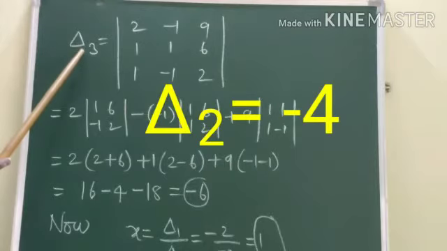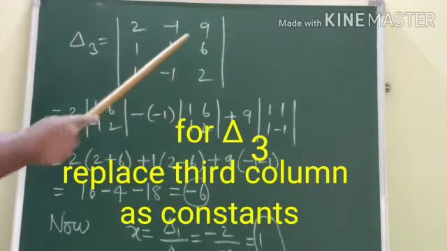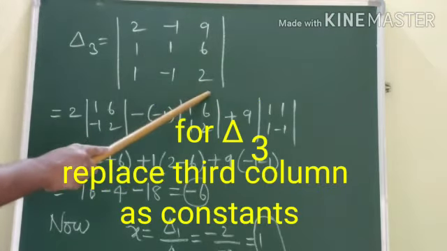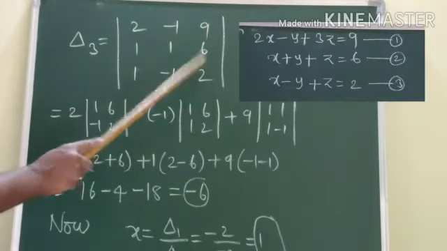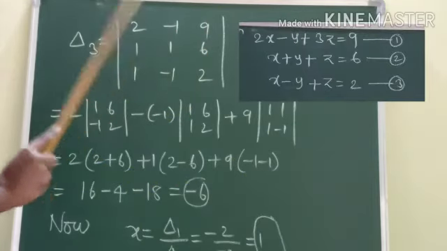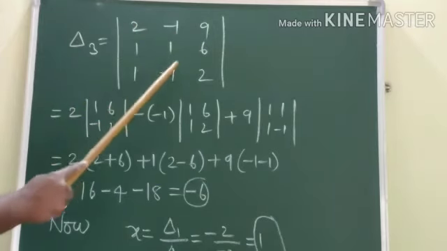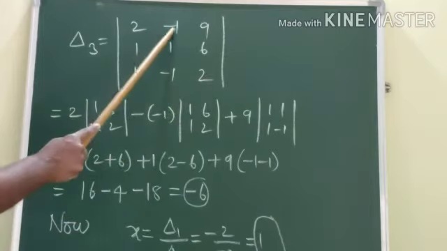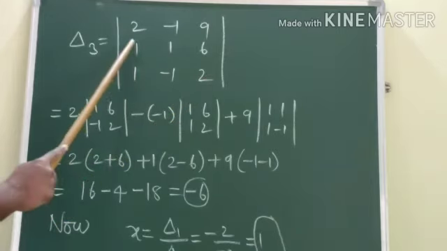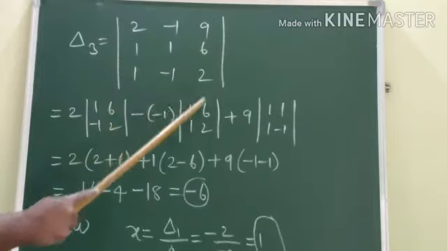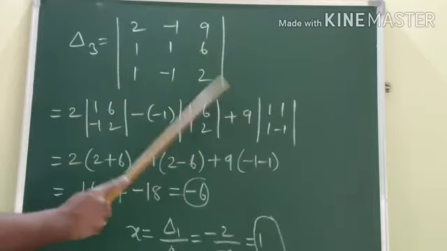Now let us find delta 3, that is change the third column to the constants 9, 6, 2 and the remaining values are the same. Let us find the determinant. 2 into the determinant of 1, 6, minus 1, 2, and minus of minus 1 into the determinant of 1, 6, 1, 2, plus 9 into the determinant of 1, 1, 1, minus 1.